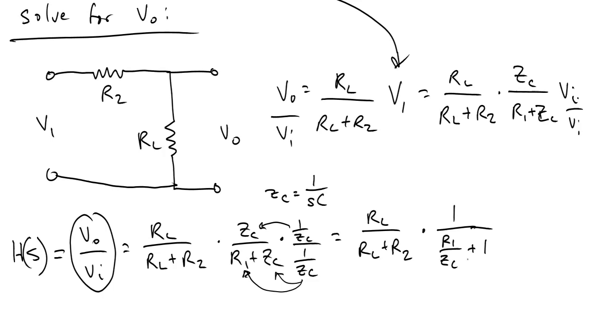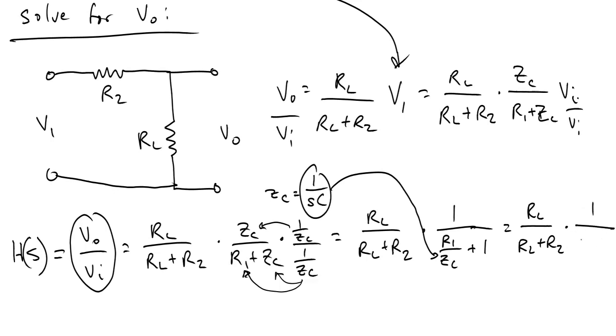Right? Cool. Okay. So let's go ahead and now plug in 1 over SC into ZC. That's going to give us RL over RL plus R2 times 1 over R1 over 1 over SC plus 1.